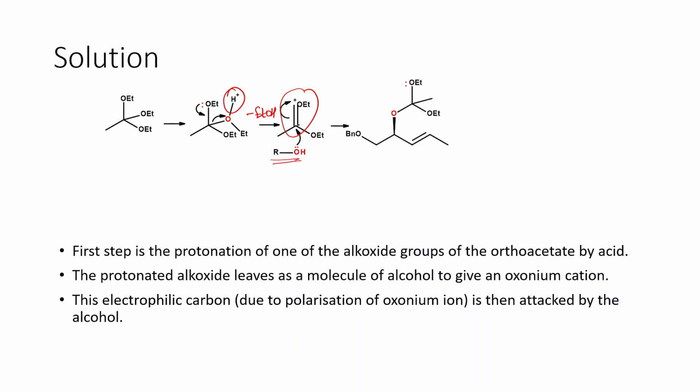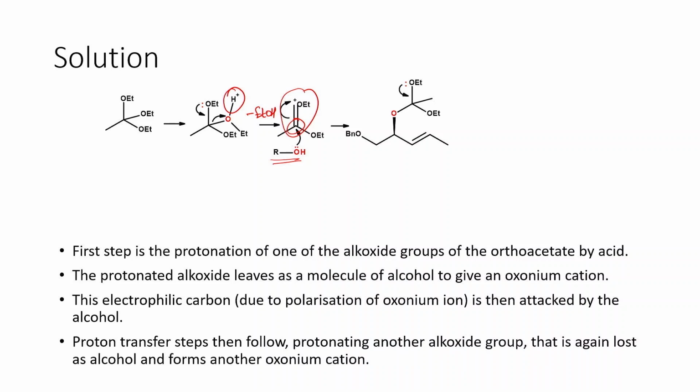The alcohol attacks the electrophilic carbon unit, and then we end up with the corresponding derivative. The acetal is formed, and once this is formed, it again loses another ethanol unit.